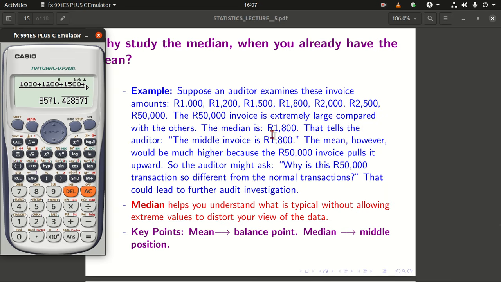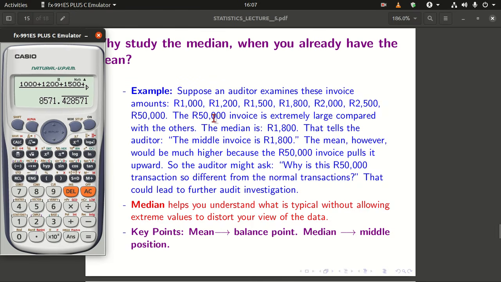Because the mean is way too far from the median, we can think of this 50,000 as an outlier in the data.